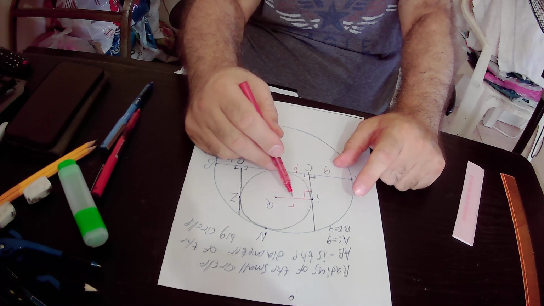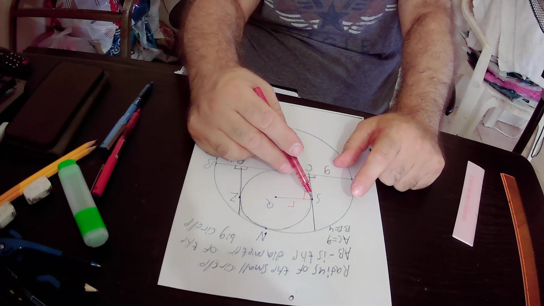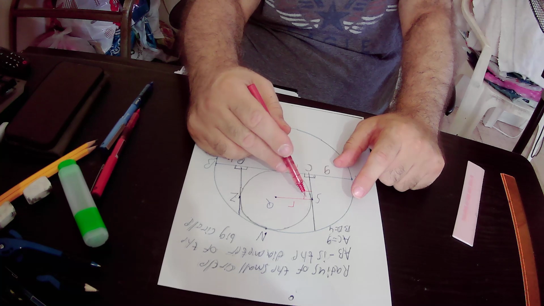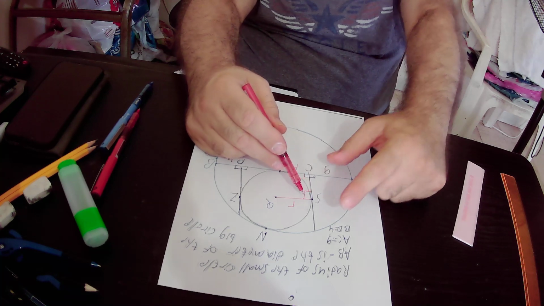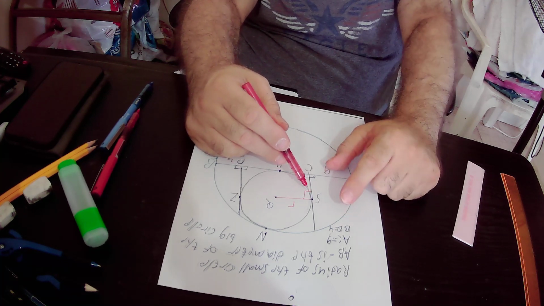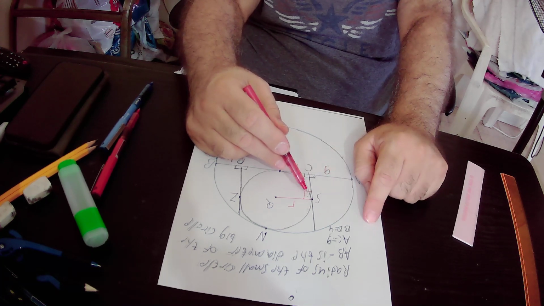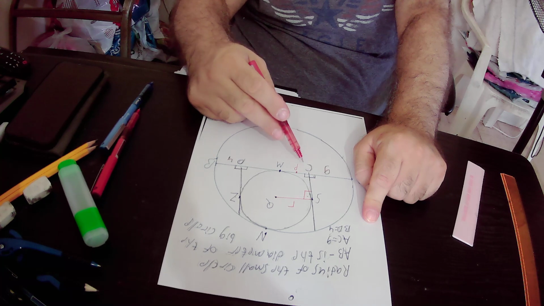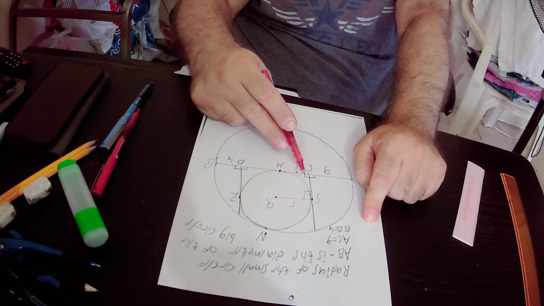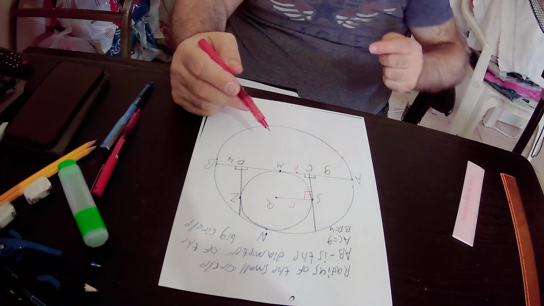This radius is drawn to point S. Therefore, the tangent is perpendicular to the radius, that is to say, this is a right angle. And we also know that this is a right angle.